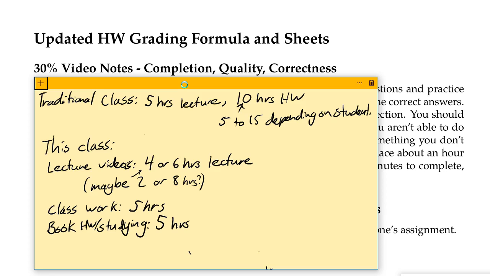And that same student might be able to work 15 hours a week to really master everything to get an A. So it depends on the student, how prepared they are, how much time they have to put into it, and the grade they want to get out. Anyway, that's just kind of typical.